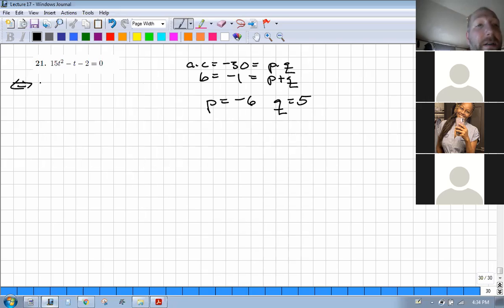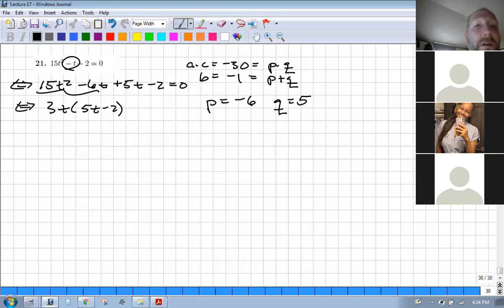So let's rewrite this negative t as a minus 6t plus a 5t. I'll factor a 3t out of here. That gives me a 5t minus 2. And I have a 5t minus 2.